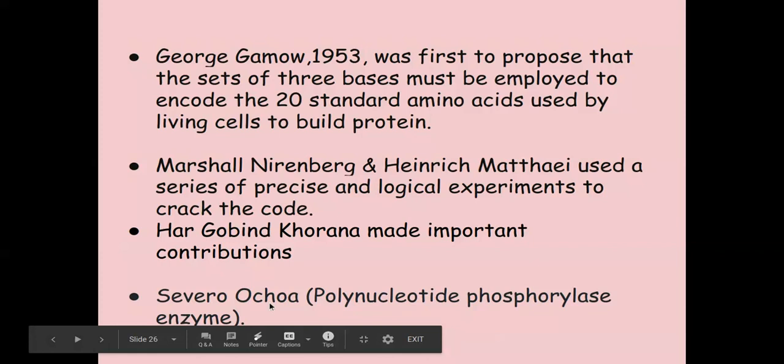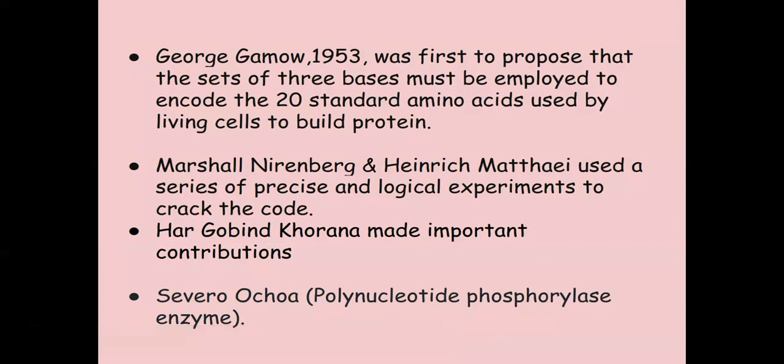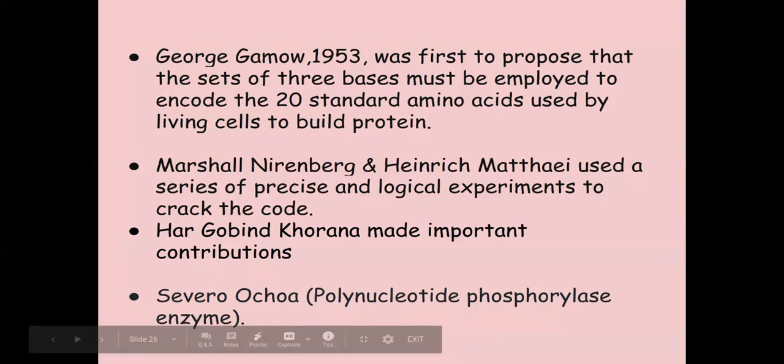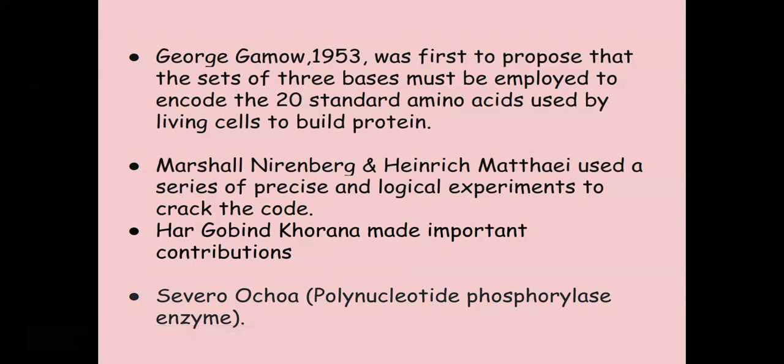A name mentioned in your text is Severo Ochoa. He is also again a Spanish born American scientist because later he migrated to America and acquired citizenship there. His work also influenced the deciphering of the code, and what he did was he found out different enzymes that could synthesize RNA.